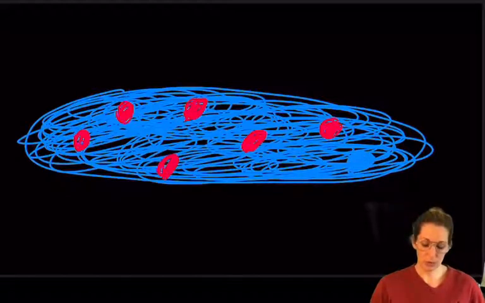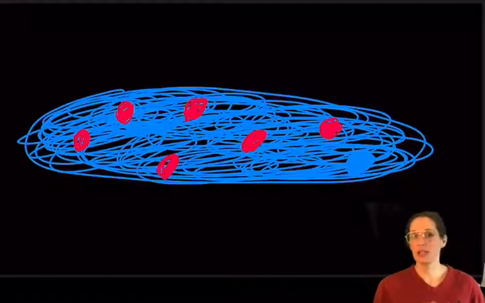So I'm drawing a blue dot down here in the bottom. I don't know if you can see it because that individual is so well camouflaged, right? You can't see it. So if we're just doing a simple predation model as our example here, predators can see the red individuals really well, but really can't see the blue individuals at all.